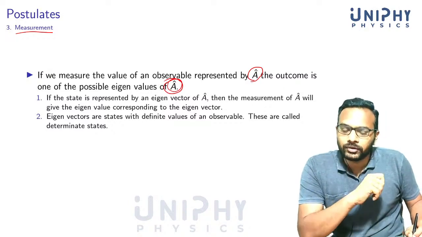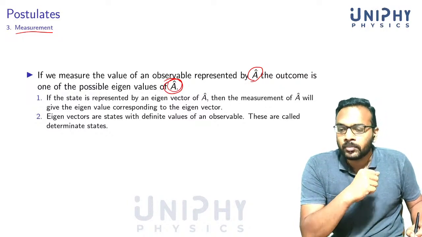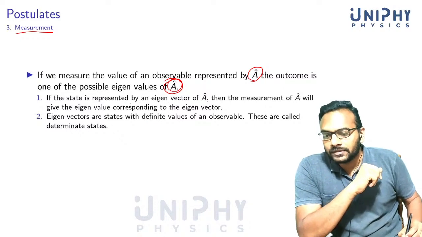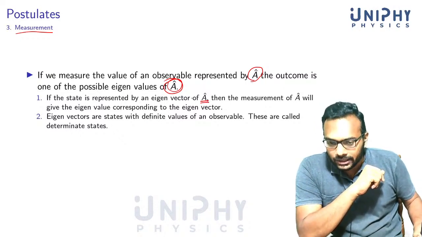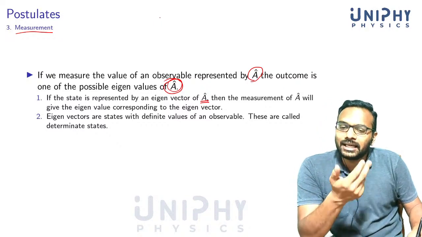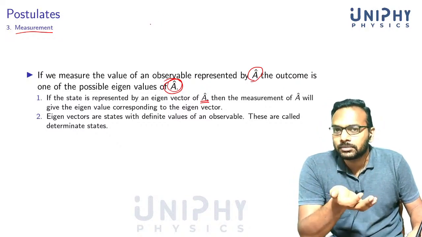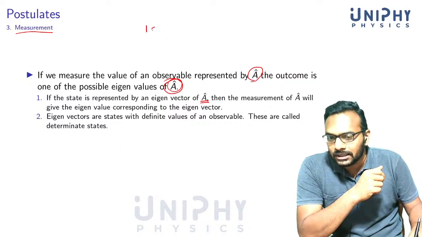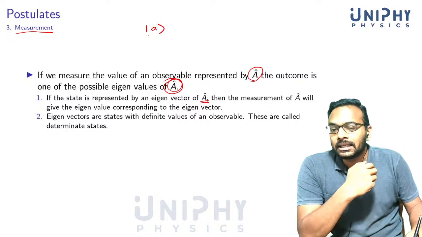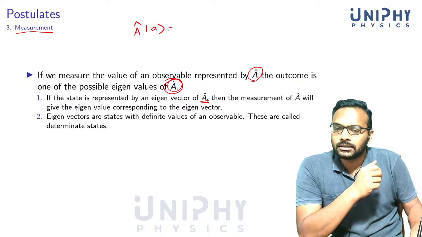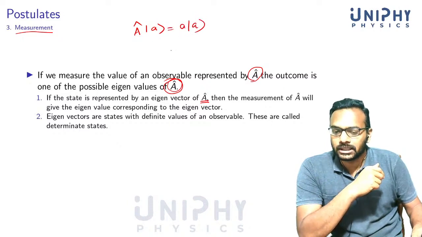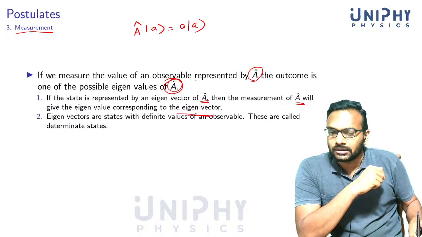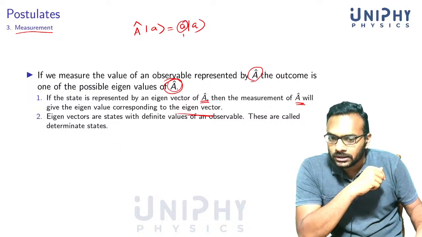If the state is represented by an eigenvector of A, which is possible because any vector in Hilbert space is a possible state of a system, then the measurement of A will give the eigenvalue corresponding to that eigenvector.